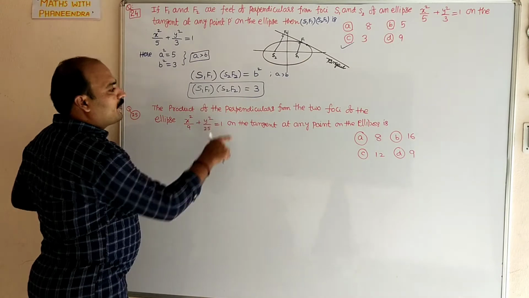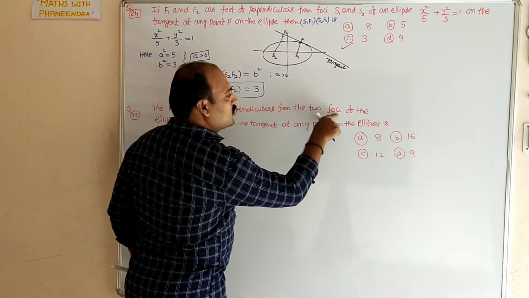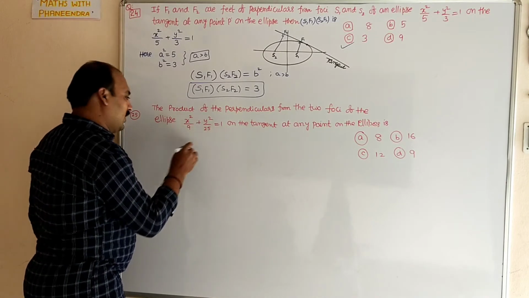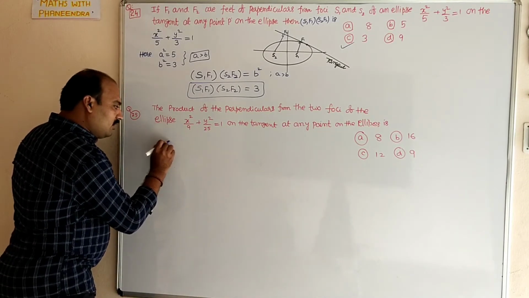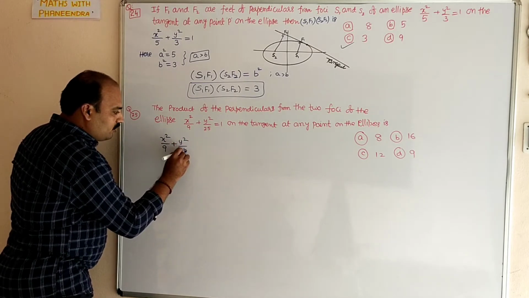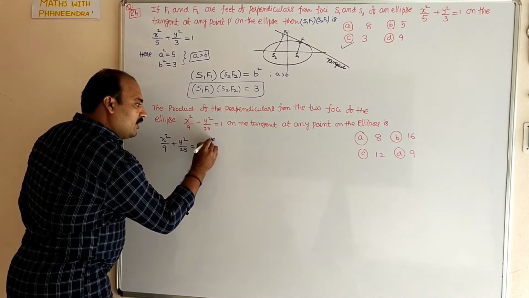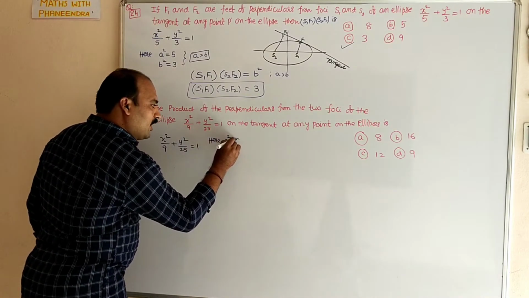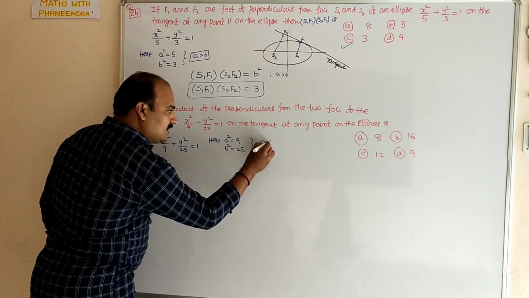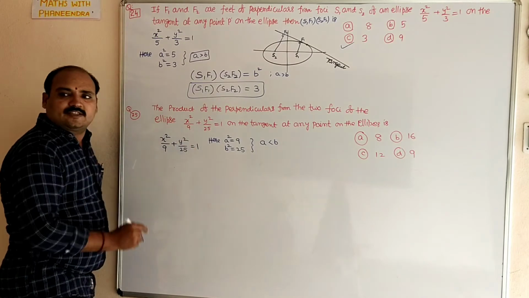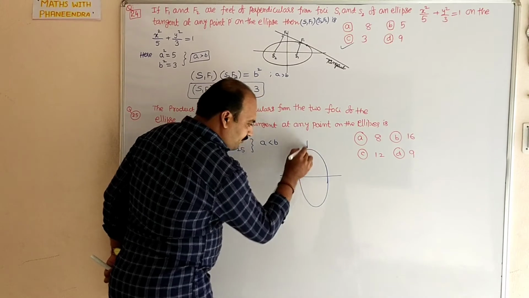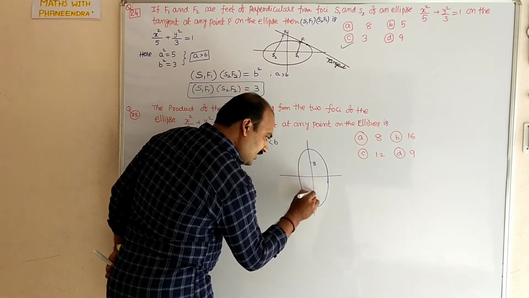Similarly, another model is based on the same. The product of perpendiculars from the two foci of the ellipse x square by 9 plus y square by 25 equal to 1. Here a square equal to 9 and b square equal to 25. By observing, clearly a is less than b. Whenever a is less than b, the equation of ellipse is in this form. Here this is S, this is S dash.